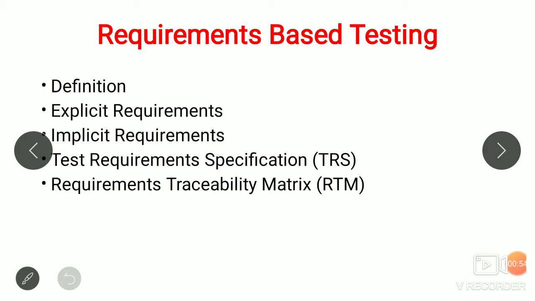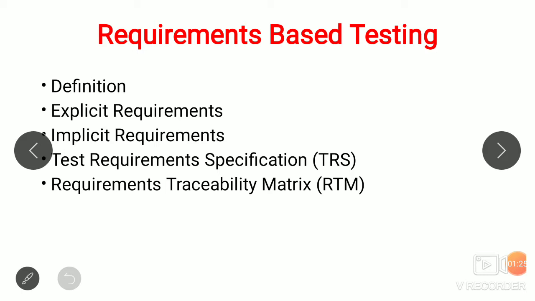Here requirement based testing deals with validating, that is verifying, the requirements given in the SRS, that is system requirement specification of the software system. This is called requirement based testing. Here requirements are classified into two types: explicit requirements and implicit requirements.